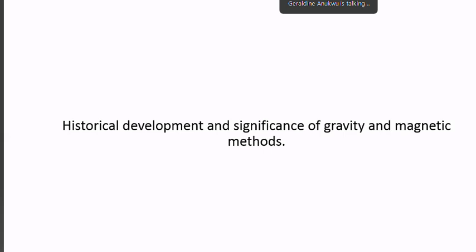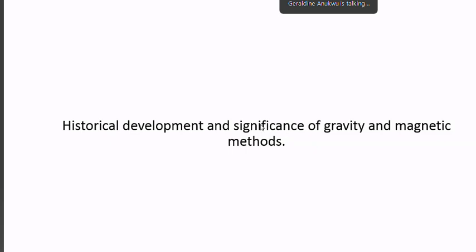Assignment 2 will be a brief summary of the gravity and magnetic methods and their significance. I hope I'm making sense, class. I need this assignment by next week. By the grace of God, when you're coming to class next week, you should come with this. The first assignment is on Laplace's equation. You just give a brief explanation of what Laplace's equation is.